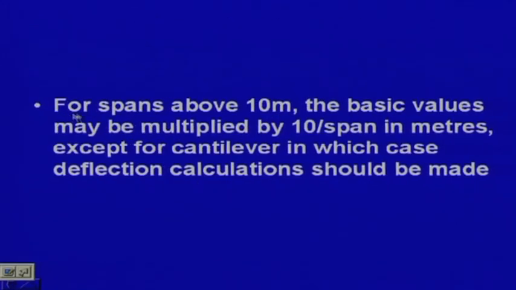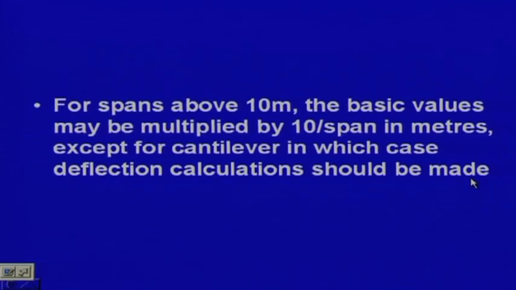But one more thing: for spans above 10 meter, the basic values may be multiplied by 10 by span. So if it is more than 10 meters, the value will be further reduced, in meters, except for cantilever, in which case deflection calculation should be made.